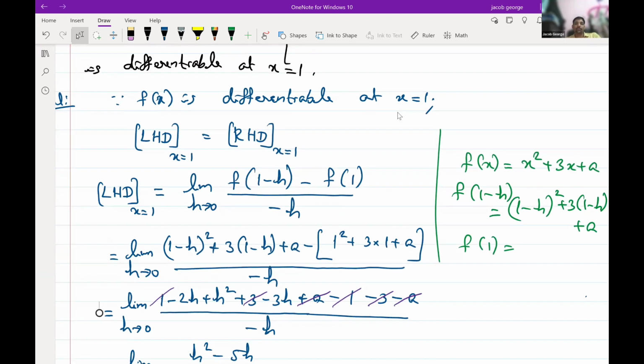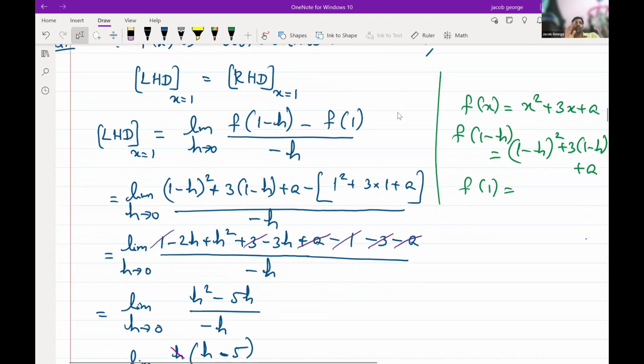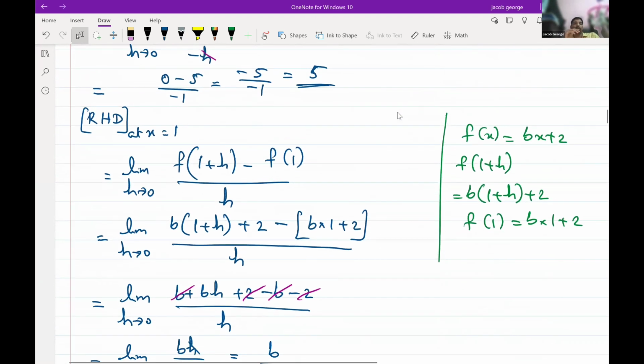Limit h tends to 0, f of a minus h minus f of a by minus h is the formula for the left-hand derivative. The same way, when the function is differentiable, the left-hand derivative will be equal to the right-hand derivative. So look at the right-hand derivative: limit h tends to 0, f of a plus h minus f of a by h is the formula. So that comes like this, f of 1 plus h minus f of 1 divided by h.